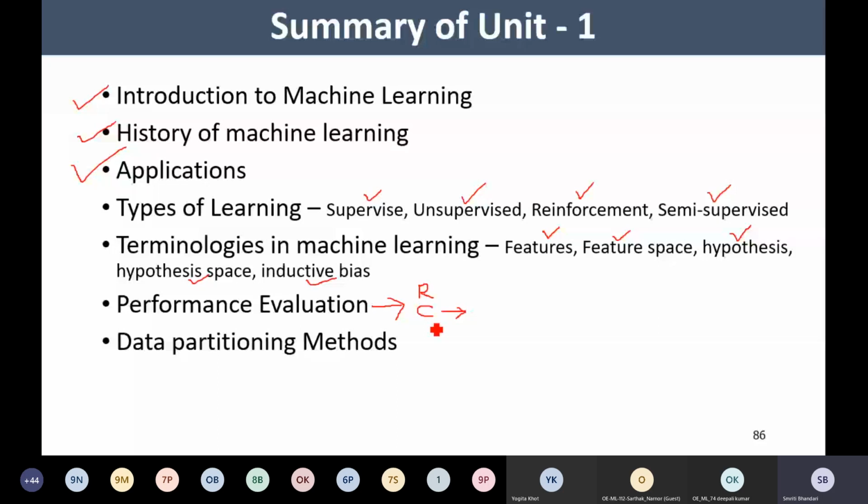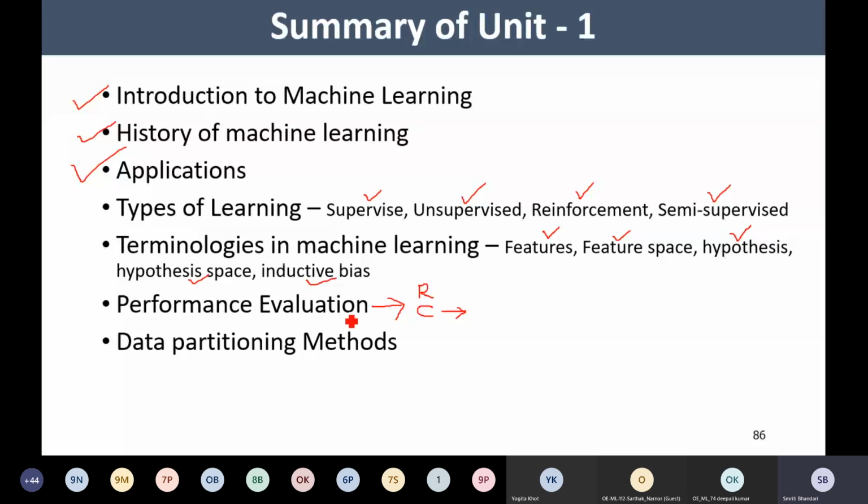Also, we have seen how to evaluate the performance of unsupervised clustering kinds of algorithms, right? So depending on the type of task that we are doing, we have different performance measures, and we need to make use of those performance metrics to evaluate the performance of our algorithm.